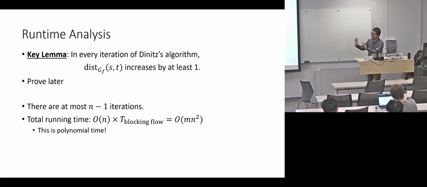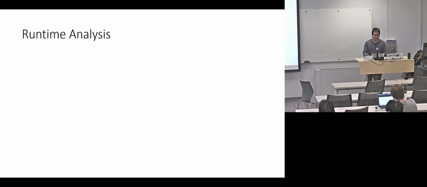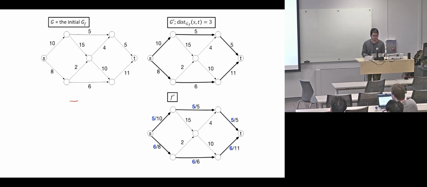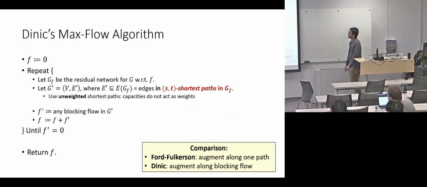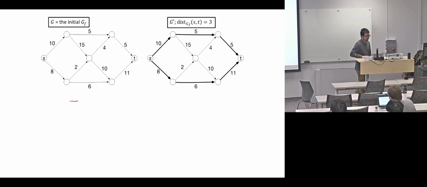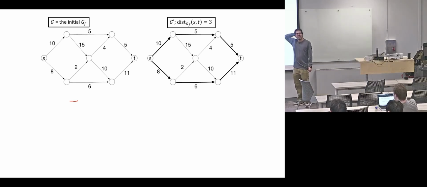So by the way, how do you compute G prime? How do you identify these edges? You could just set all of the weights equal to 1 and then do Dijkstra's. Yeah, Dijkstra or even breadth first search. Yeah, BFS.